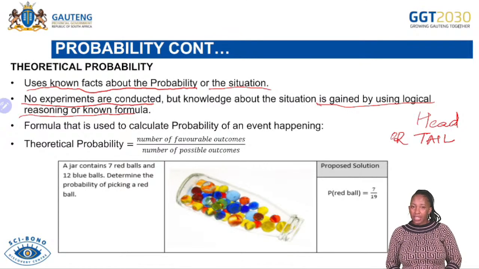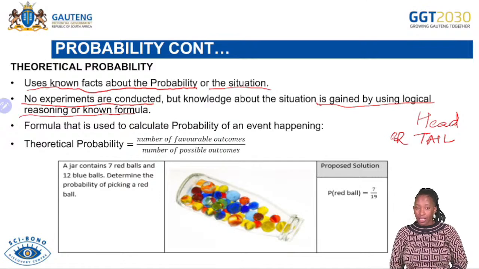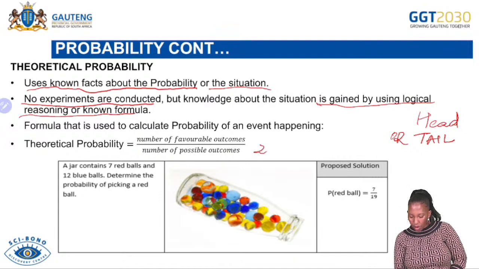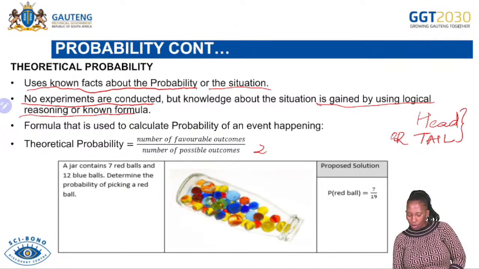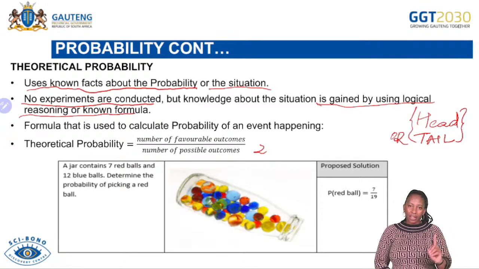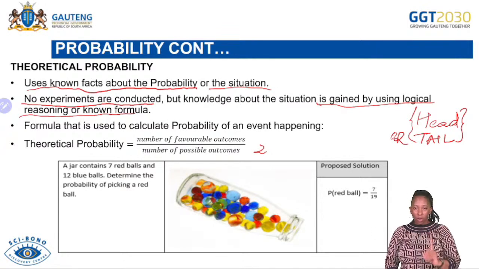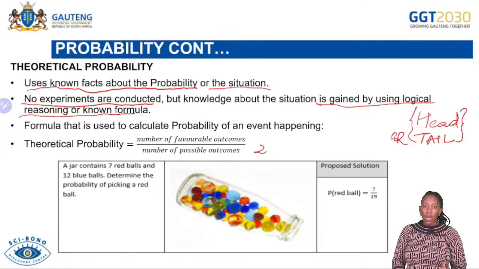So if I take that into the theoretical probability, I know that when I toss a coin, there are two possible outcomes. The number of possible outcomes is two, because here there are two. It is a head or a tail. But there is only one favorable outcome, meaning as I toss a coin, I won't get a head and a tail at the same time.